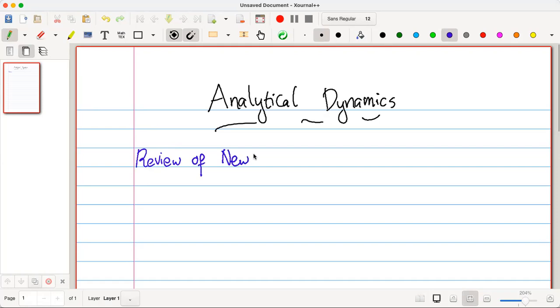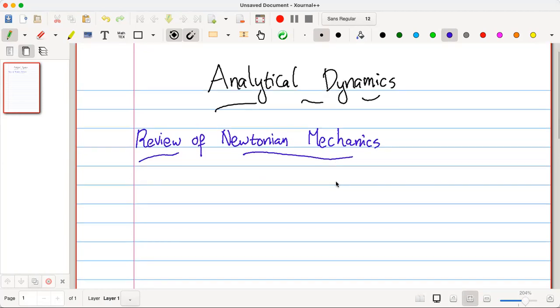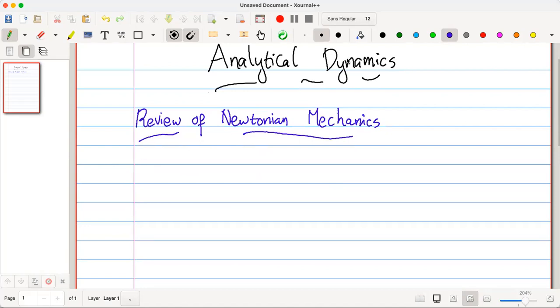But I want to underline several fundamental concepts that maybe you have discussed in the undergraduate, but you overlooked. For the first part of the review, I'm going to start with the mechanics of a single particle.